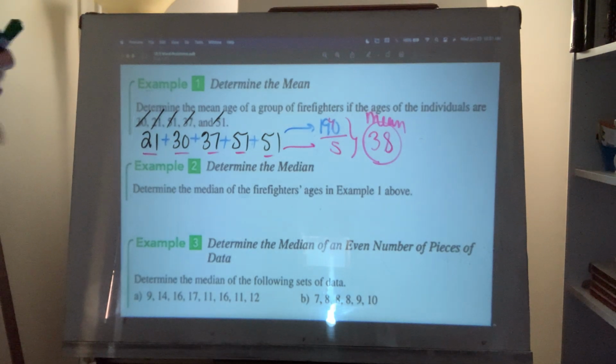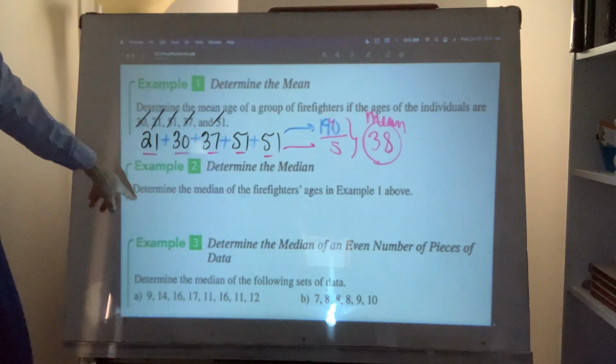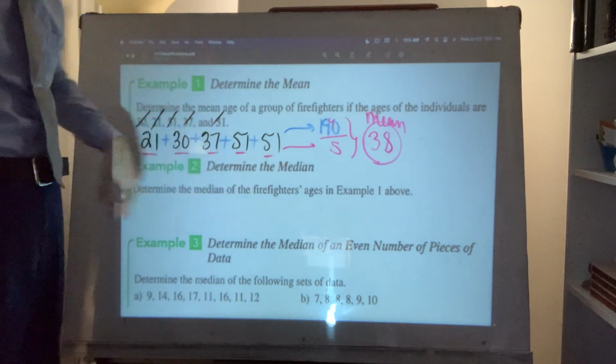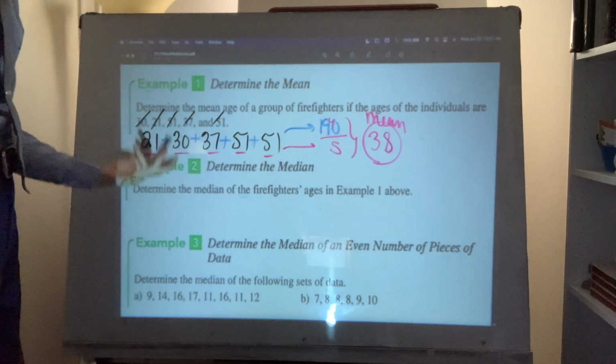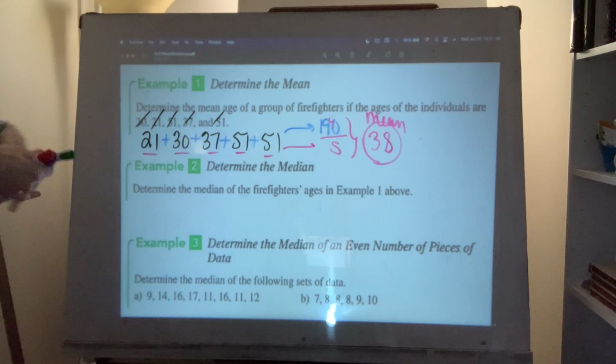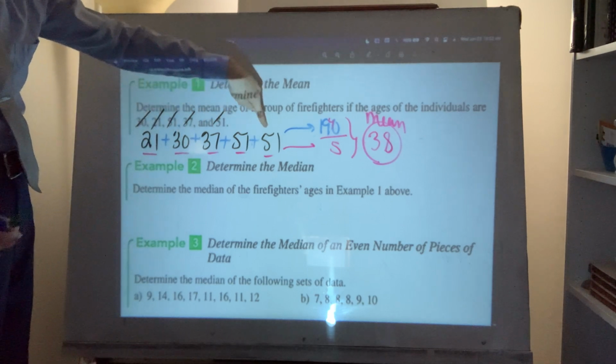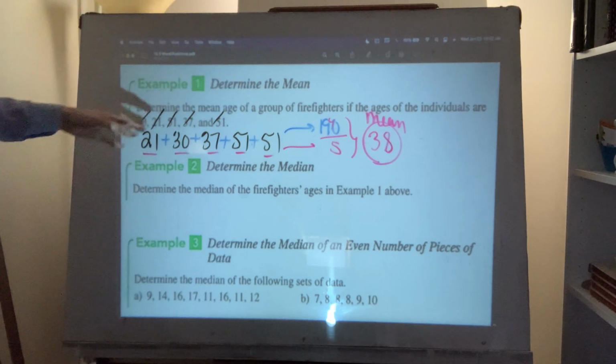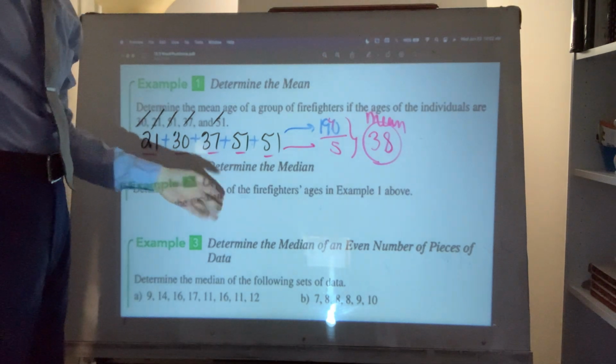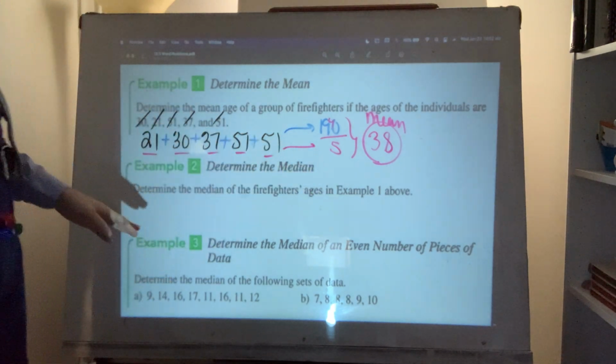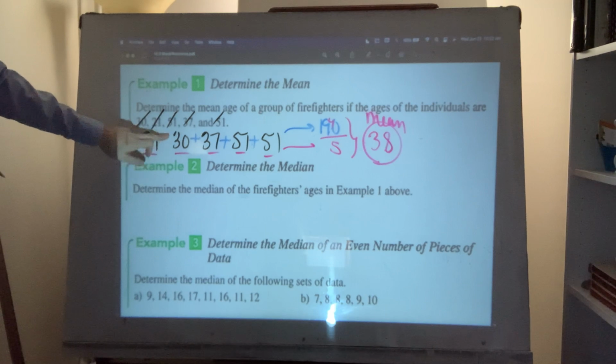All right. Save that, because the information is then recycled to calculate a median. Because now we've already done the work of putting things in numerical order, ranking them. When we calculate the median, it's not going to be a difficulty at all. We just have to stare at what the middle is.